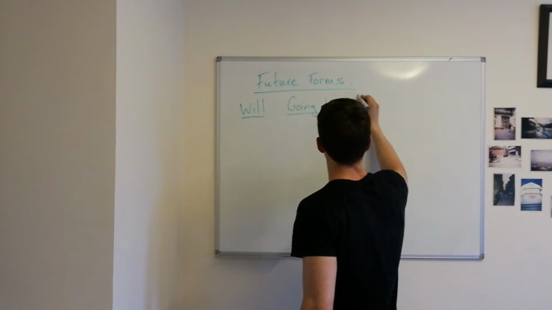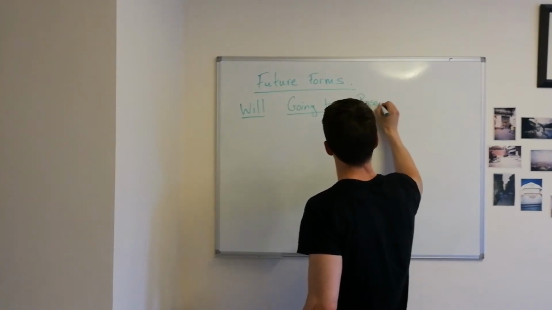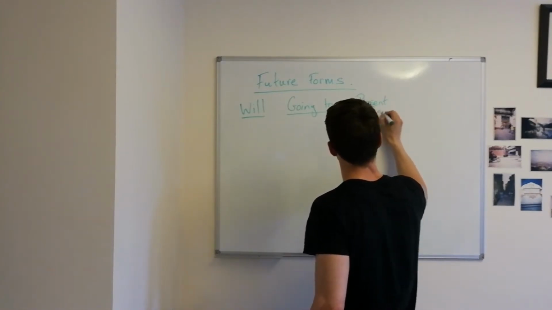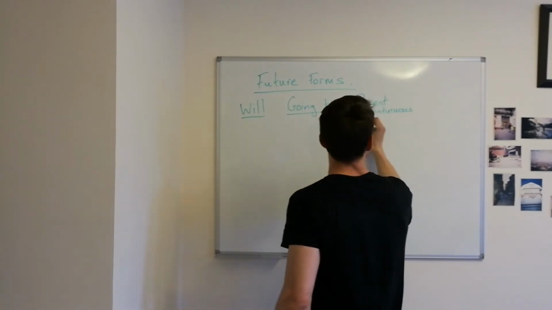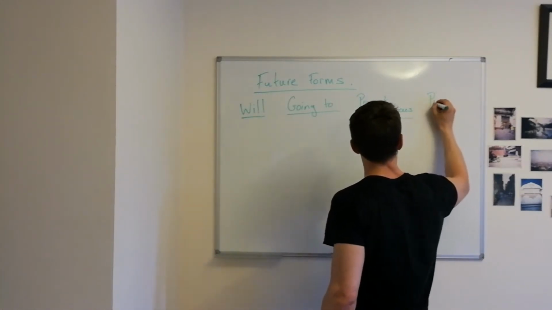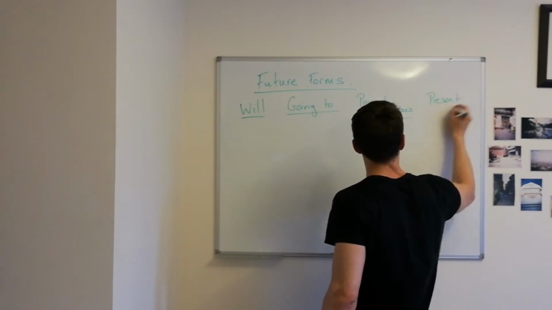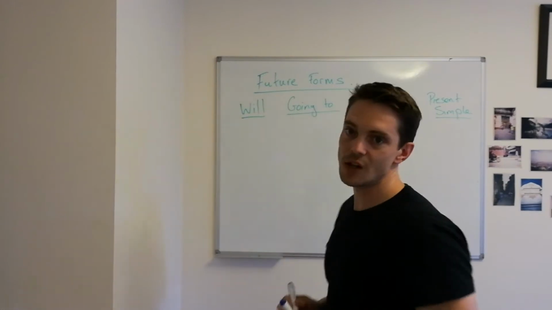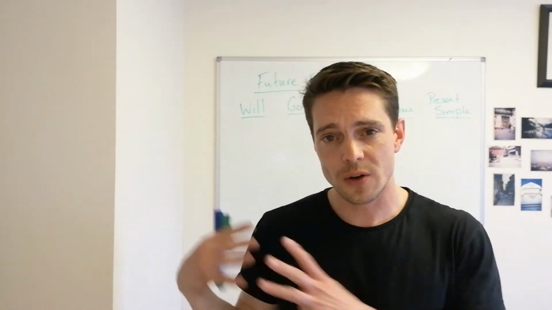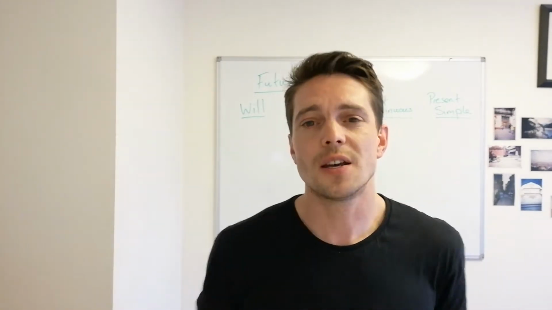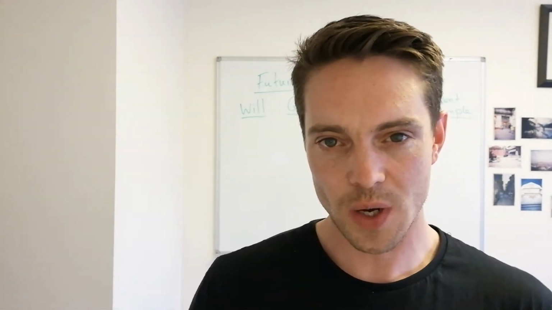The third is by using the present continuous form. And then the fourth is by using the present simple form. So, as I've already said, the form that you choose when you're expressing the future depends on your attitude of what exactly you want to say.